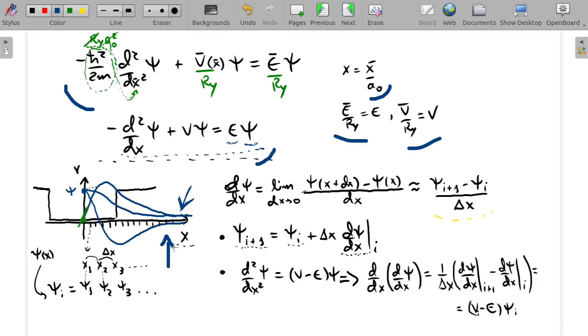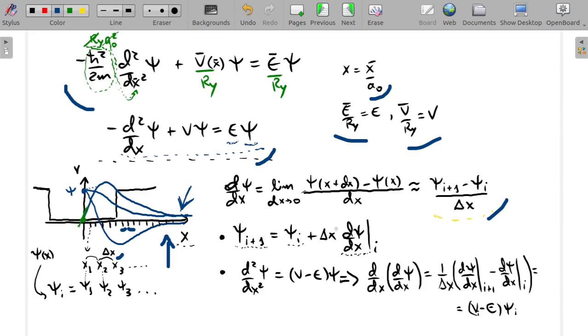The method involved discretizing the x-axis into small steps like this, and the steps have a size delta x. Now the derivatives are redefined like this. This is what we call the finite difference method, right?